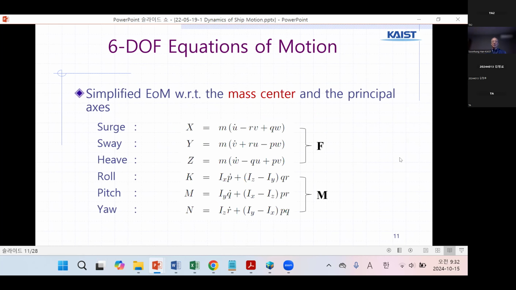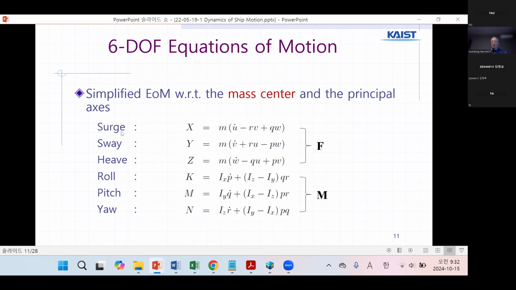Now it comes with the 6 degree of freedom motion equations. The mass center is the CG, center of gravity, and the principal axes are XYZ. So the surge equation can be like this, and the sway equation, the heave equation, and roll, pitch, yaw.